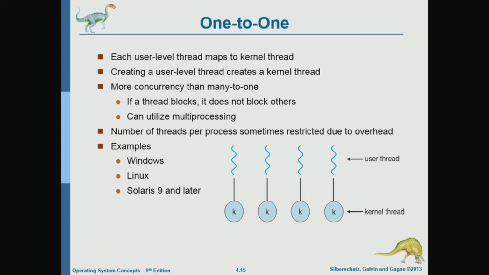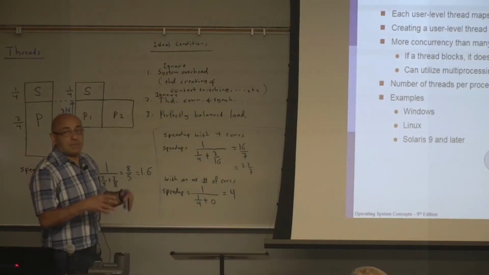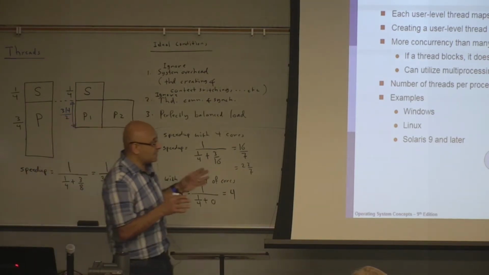Windows, Linux, and newer versions of Solaris do one-to-one. So they just map each user-level thread into a kernel-level thread. And in this case, you have all the parallelism that you want. So it's maximum parallelism.